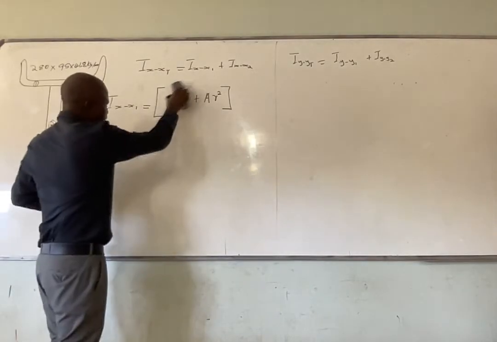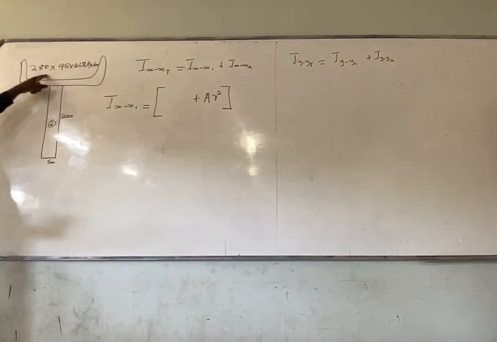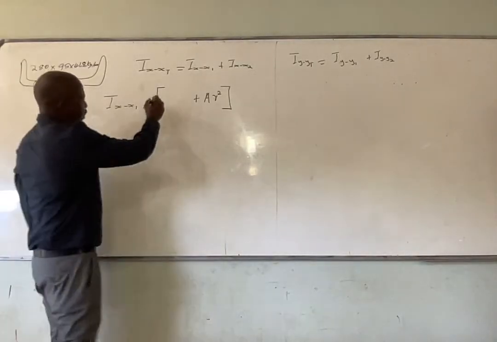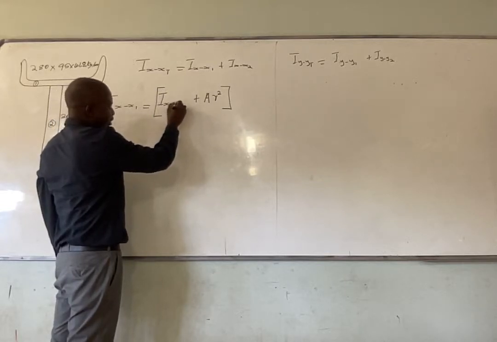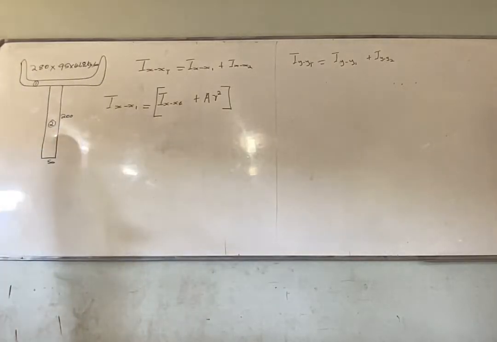But in this case, it's a standard. With the standard, you need to read from the table. So what do I do here? I usually say this is IXX from the table. This T represents table.